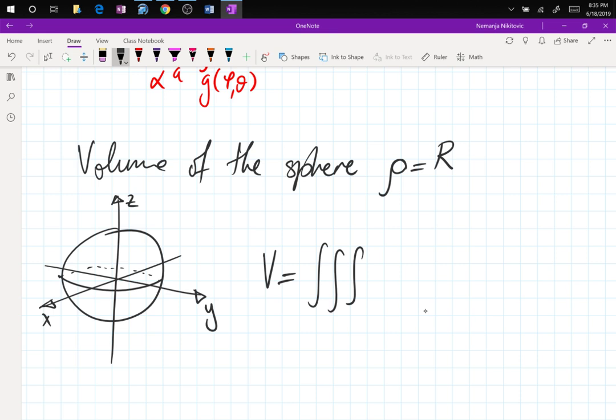Now, I'm not computing anything inside, so I know that I just need to drop in the string rho squared sine phi d rho d phi d theta. The inner integral is rho, and I just said that the radius should go from 0 to capital R because that's our radius. So the inner one is 0 to capital R.